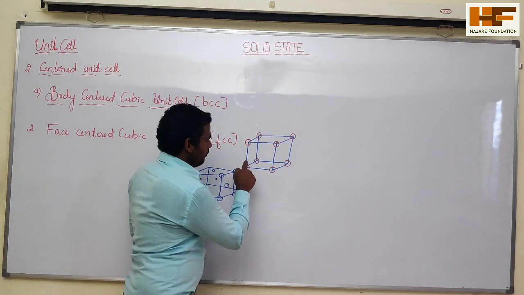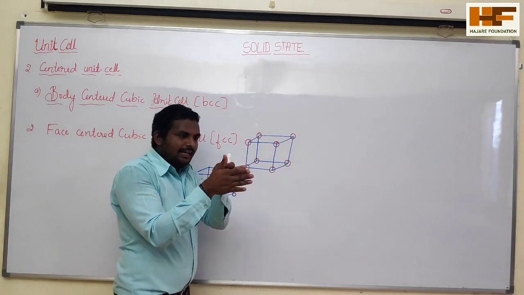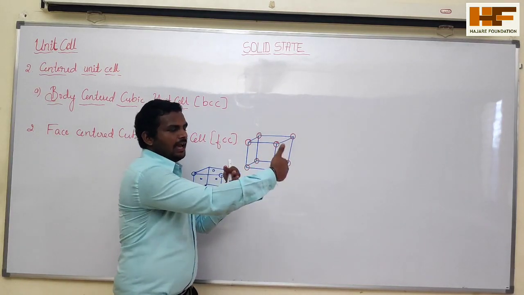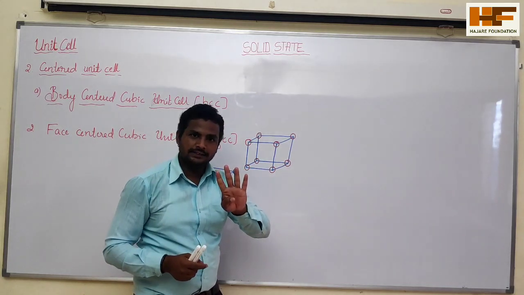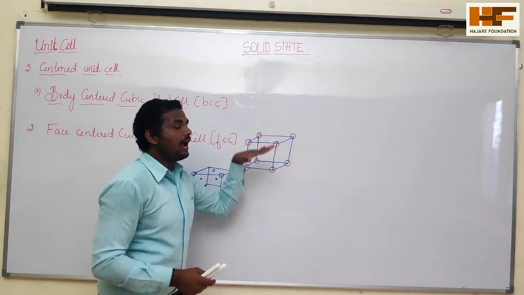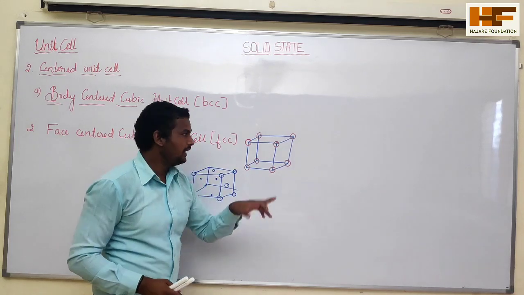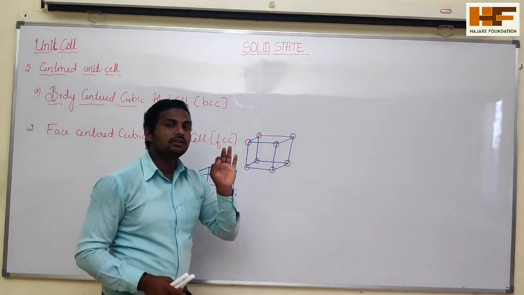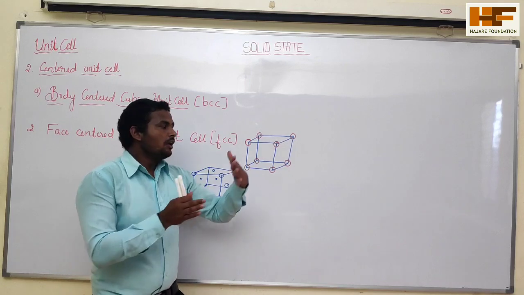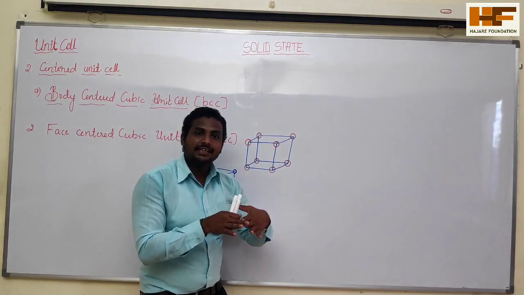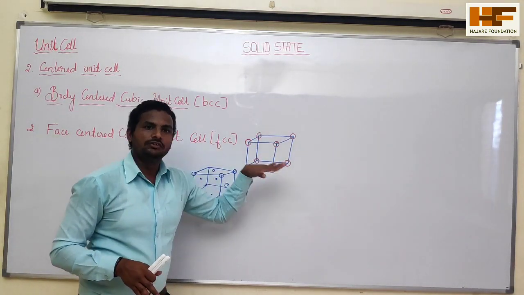So here it is the front face and exactly the back face, side and side. So there are 4 faces, not only that, above and below. So exactly there are 6 faces and these corners. These constituent particles are present at all 8 corners as well as all the faces of the unit cell.